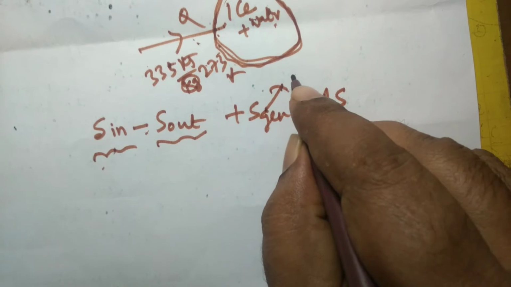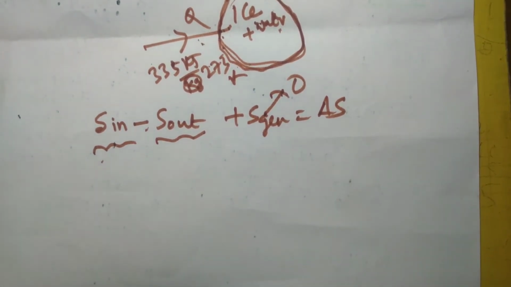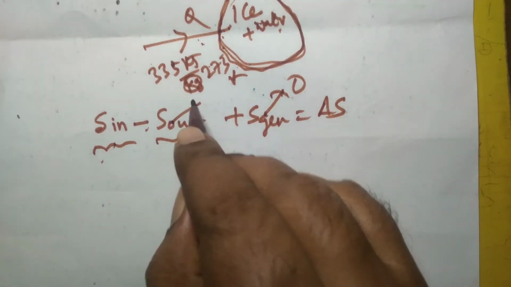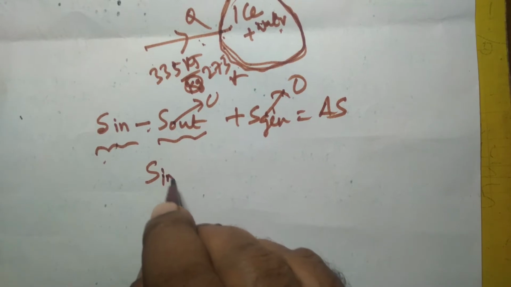Entropy generation is a path function, and it is positive only for irreversible process, and for reversible process it is 0. So this is 0 and this is 0. So S in is equal to delta S.